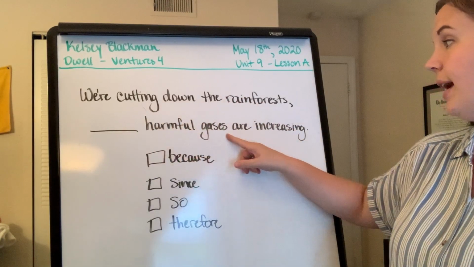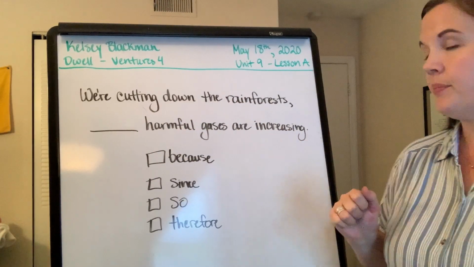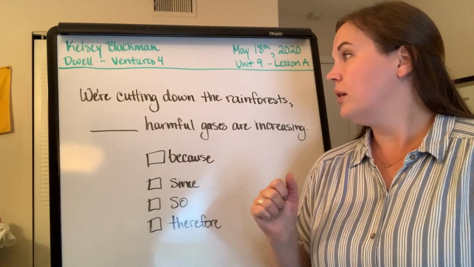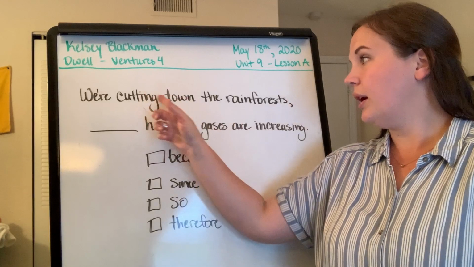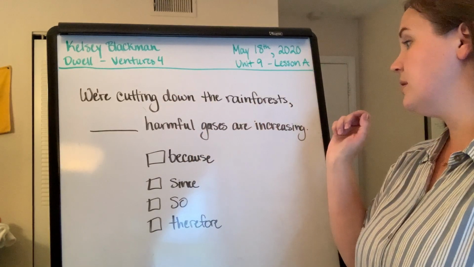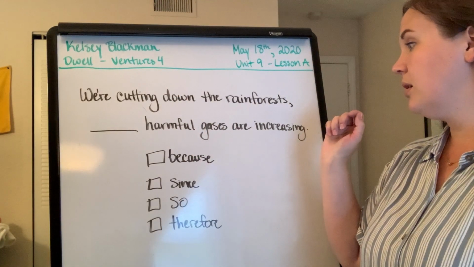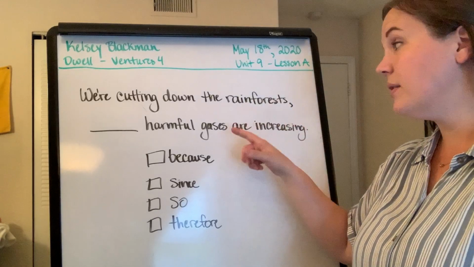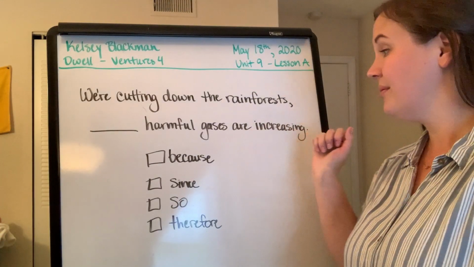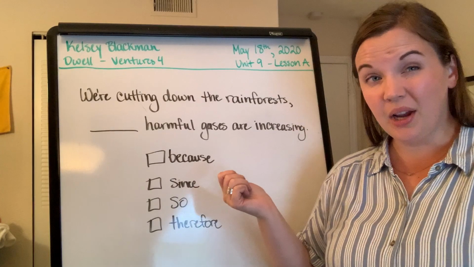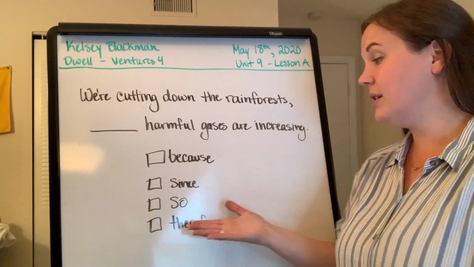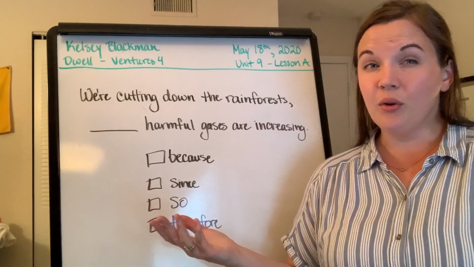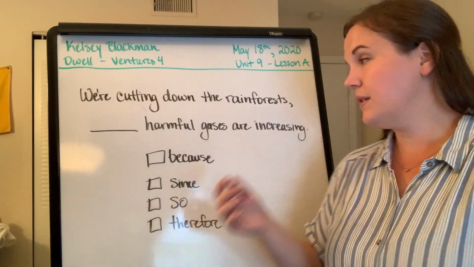Blank, harmful gases are increasing. So, we're cutting down the rainforests because harmful gases are increasing, since harmful gases are increasing, so harmful gases are increasing, or therefore harmful gases are increasing.